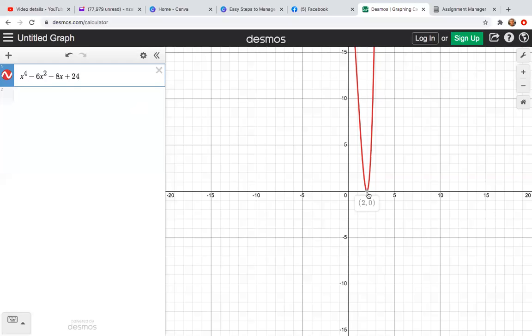Notice it's sitting on the x-axis, it's touching at x equals 2, okay? It is not going straight through the x-axis. So when you see a graph just bouncing or touching at an x-intercept or a 0, we say that this 0 has an even multiplicity, as in 2, 4, and so forth, okay? Since this is a 4th degree polynomial, you would say the multiplicity is 2. Yes, absolutely.